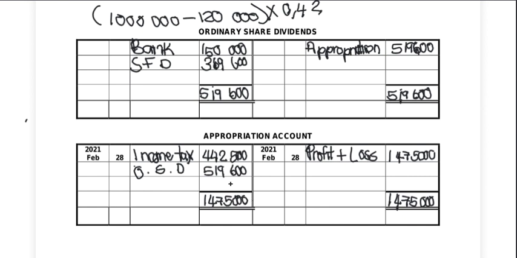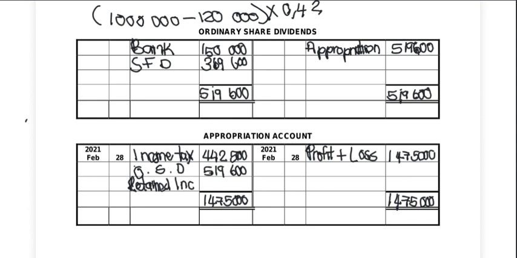Okay, then after that we can calculate how much will be going to the retained income account. Sorry, got a bit too excited there. Retained income. Okay. Remember, you're not allowed to write abbreviations.